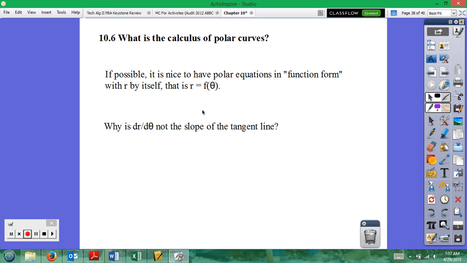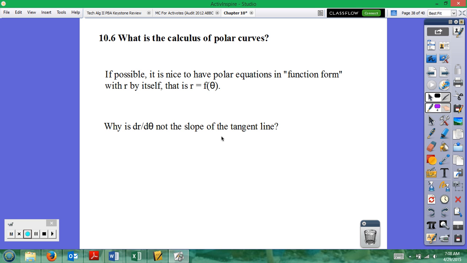Now think about it. Why is dr d theta not the slope of the tangent line? Because r being the radius and theta being the angle, dr d theta would be the rate that the radius changes for a momentary change in theta. So we could have a specific angle and denote how fast the radius is changing at that moment.